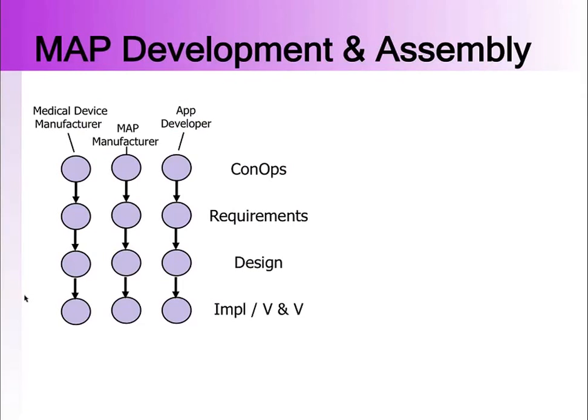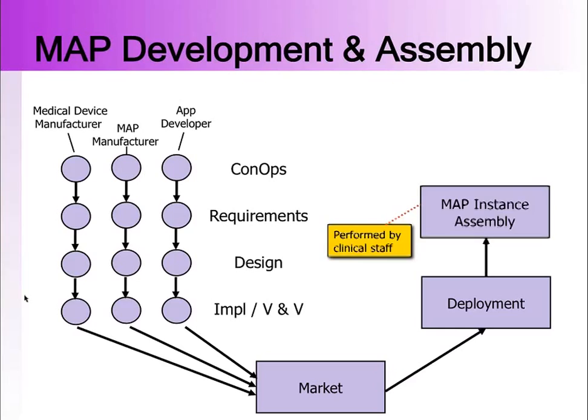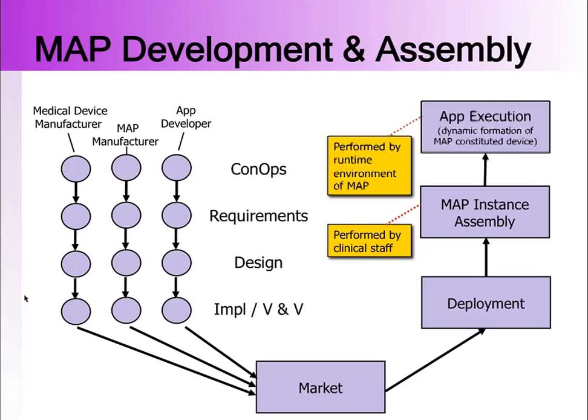You would have a medical device manufacturer that goes through their own V&V process, a manufacturer that's building the platform. You would have an app developer, all right? Those things actually get put on the market, and then they're deployed in a hospital, and it's actually the technical staff at the hospital that does the actual plugging together of the pieces, and the actual runtime or execution of the system is what defines the system. So you only... Comment?